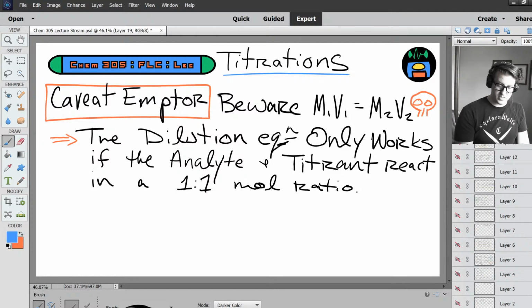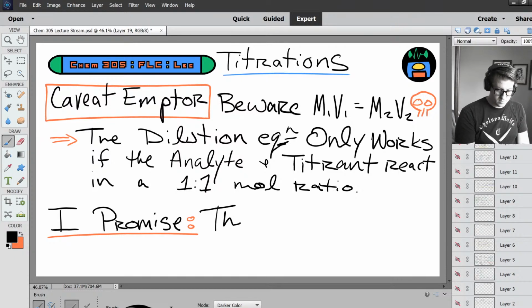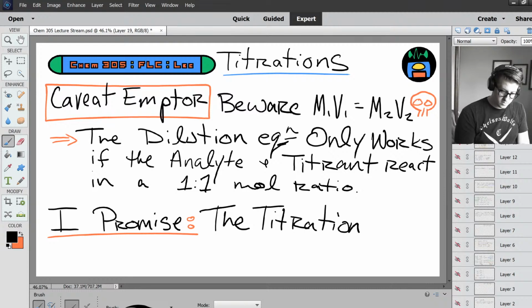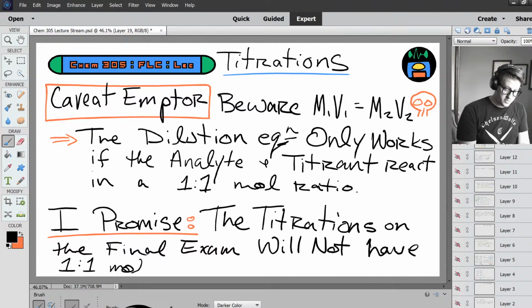And I want to make a promise to you today. I promise the titrations on the final exam will not have 1-to-1 mole ratios.